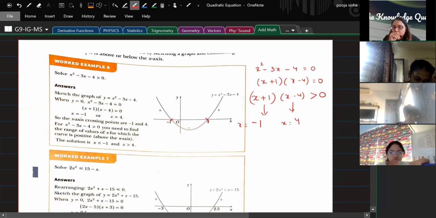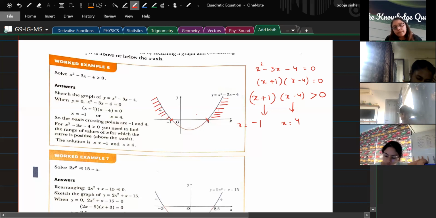So this means everything which is on this side and everything which is on this side. Okay, which means x is less than -1.